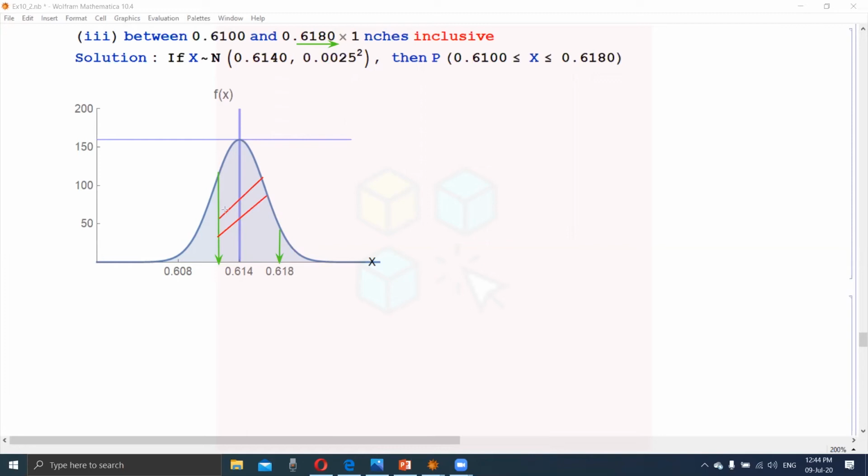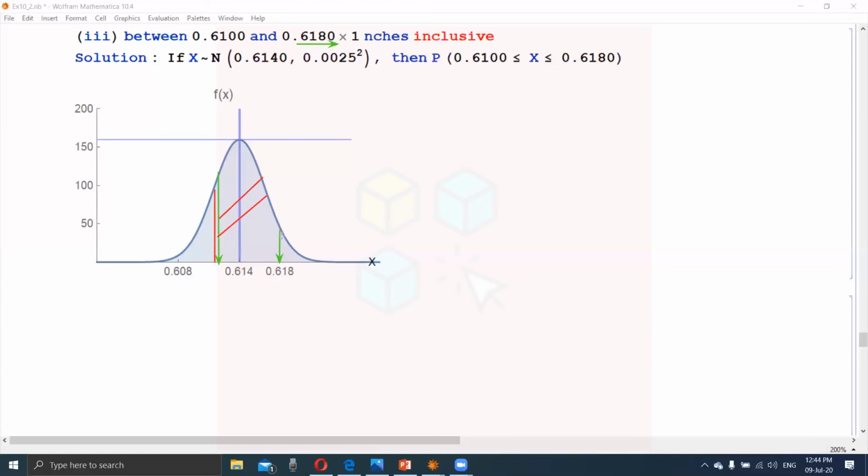If we want to include these points in the shaded area, then we have to apply one more line beyond these two arrows: one line before the green arrow on the left side, one line after the green arrow on the right side. So we will have an area which is more than the area shown by these arrows, by introducing two red lines beyond the green lines, one on the left side and one on the right side.